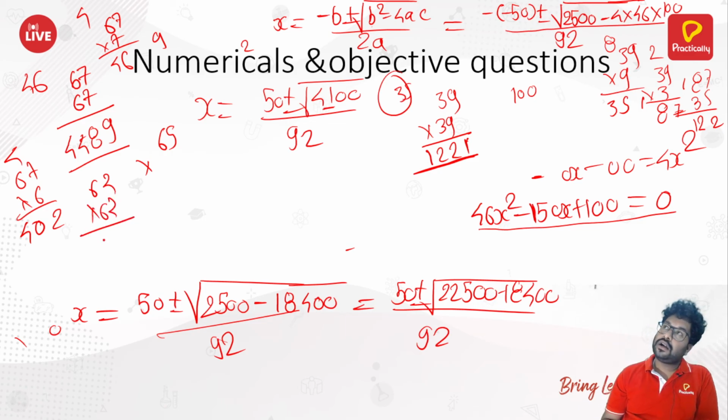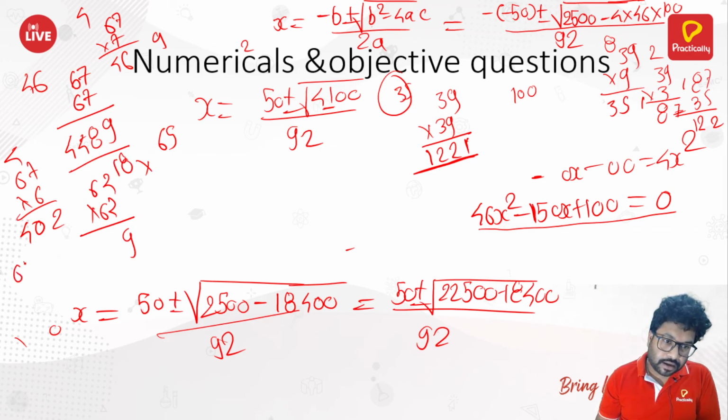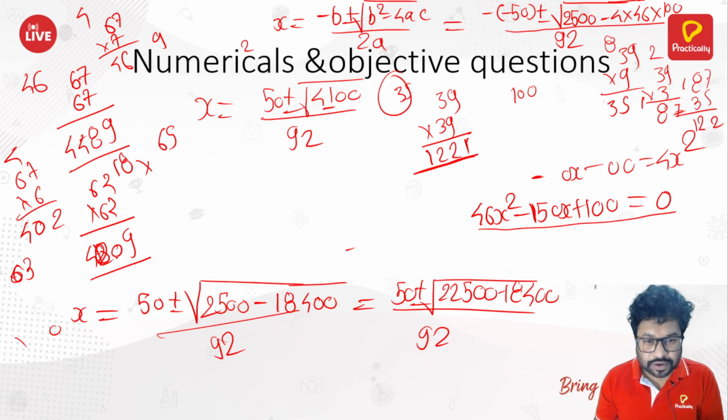63 threes are 189. You got 18. 63 sixes are 378, 402. 402 plus 18, 420. Again 4209.